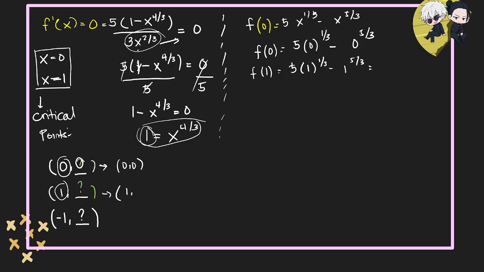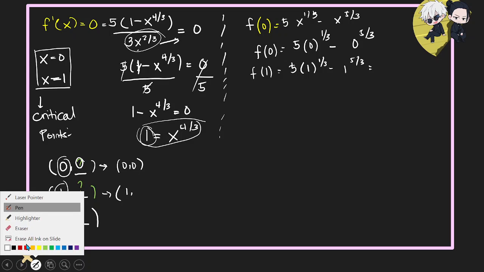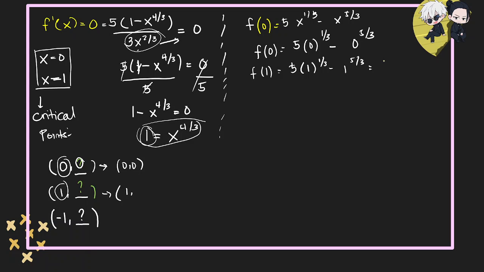Try on your calculator. The answer is 4. Okay? So, yung isa nating point is 4. So, therefore, we would have 1, 4. Ito yung isa nating point. Ito yung ating critical points.